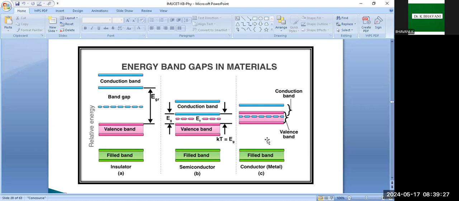The higher energy state is the conduction band and the lower energy state is the valence band. The energy gap between the conduction band and valence band is called the energy band gap, EG. A high energy band gap is an insulator, a medium energy band gap is a semiconductor, and a very low energy band gap is called a conductor.